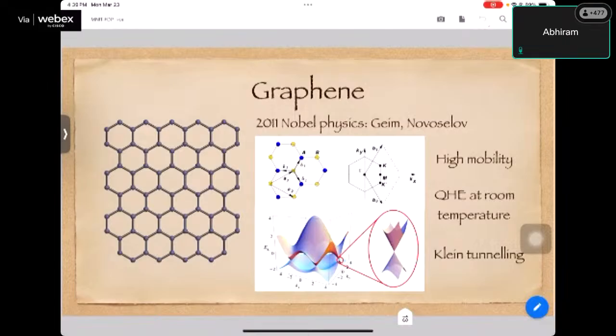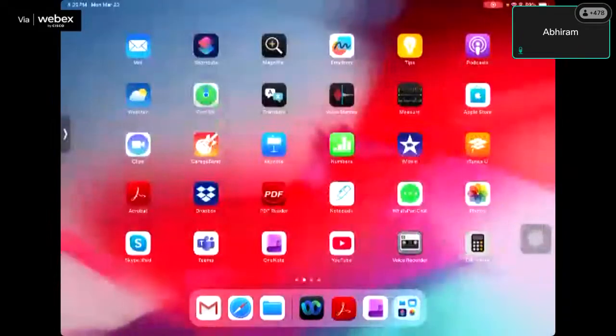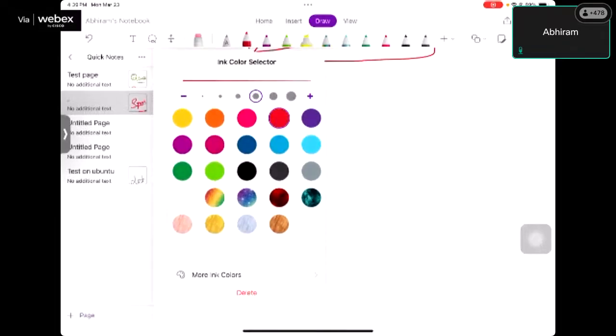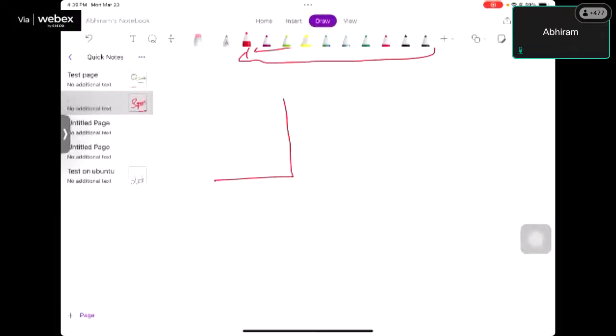And not only that, there is something called Klein tunneling that happens in graphene. So what is Klein tunneling? You all must have come across in the quantum mechanics course that if you have a barrier, classically, if you send a particle across a barrier and the particle's energy is less than the barrier height, it will reflect back, right?